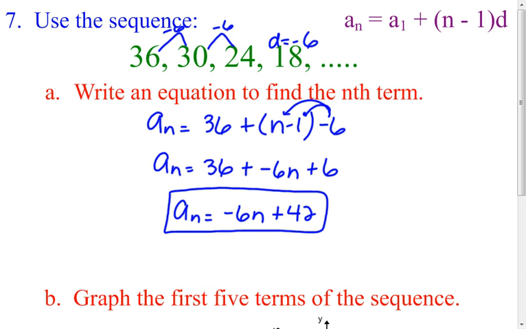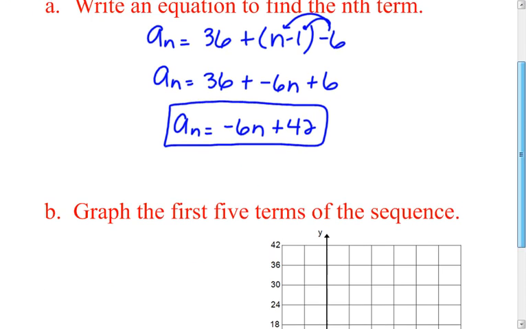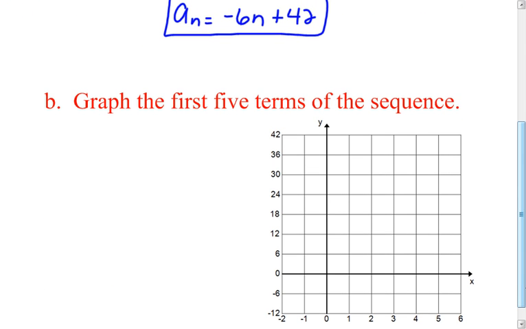And then what you're going to do is go ahead and graph that again. So I am first of all going to plug 1 in there. When I take negative 6 times 1, that is negative 6, plus 42 is 36. So I'm going to plot the point 1, 36. Then I'm going to plug 2 in.